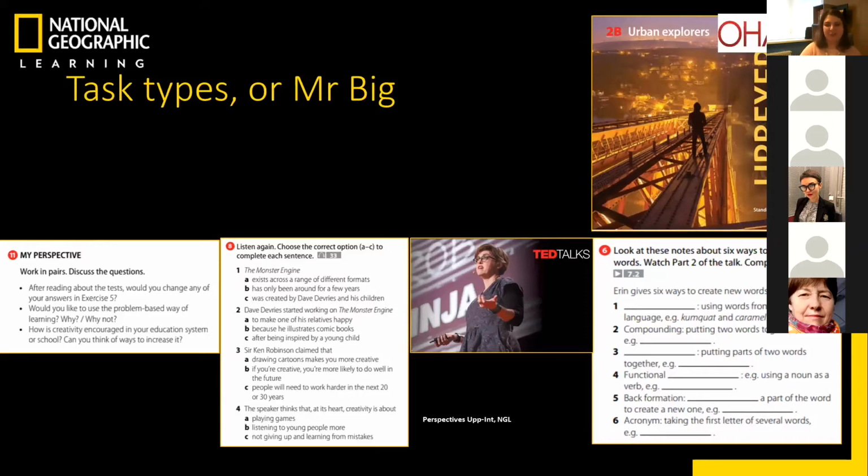These are the extracts from the Perspectives course book for teenagers. Just looking at the tasks, what can you say? What sort of task types are they, and what are they aiming at?